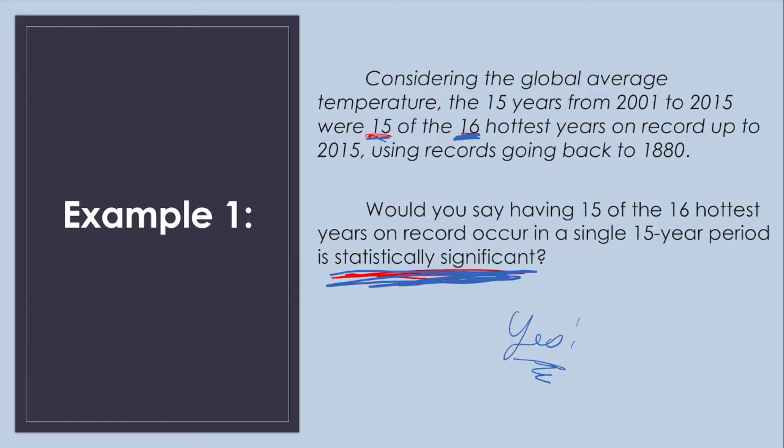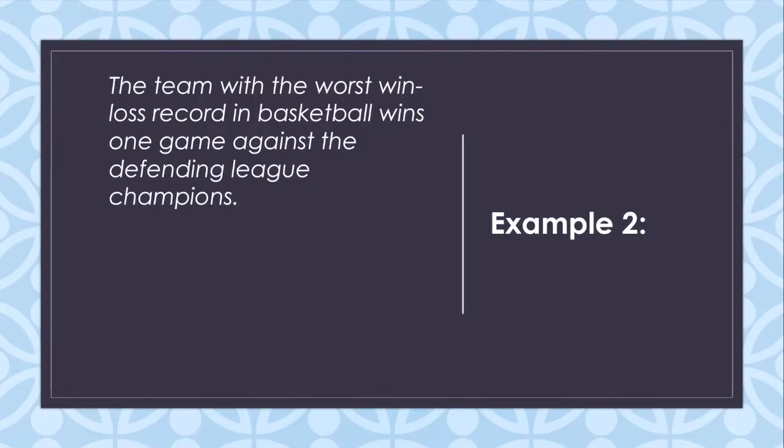Let's take a look at the second example. The team with the worst win-loss record in basketball wins one game against the defending league champions. So the worst team wins one game against the best team. Would you consider that to be statistically significant? Has the team improved that much?